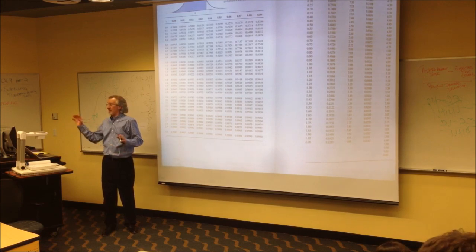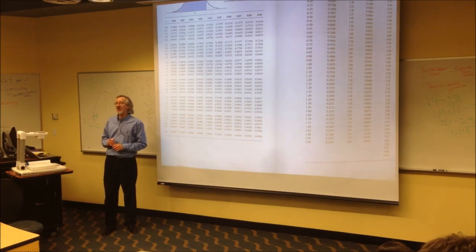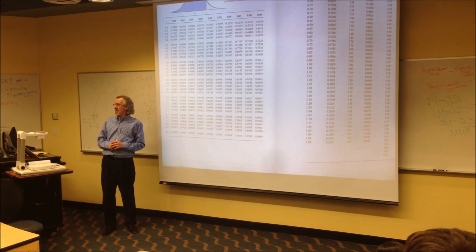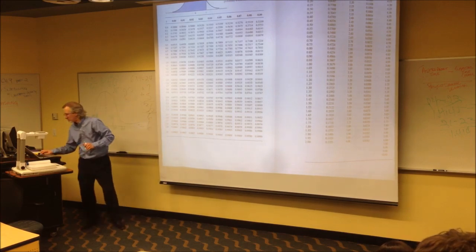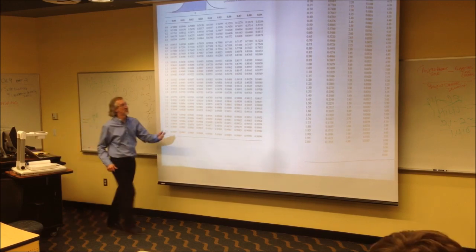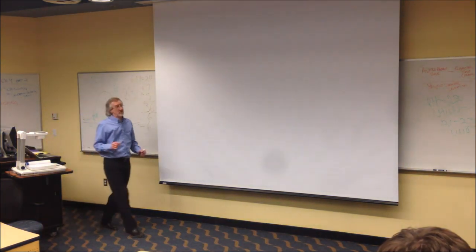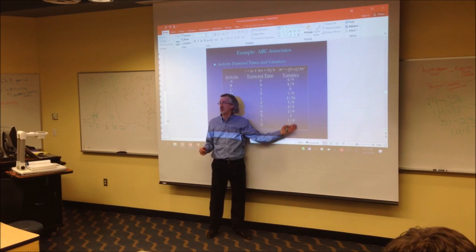Everybody get it? Can you find the standard deviation of a project? I want to give you a hint. Sometimes you may already be given the variances for every activity like this. You may be given a problem where the variances are given to you.